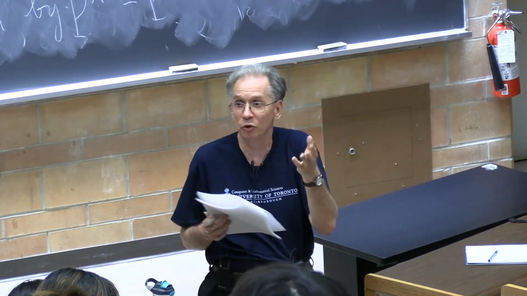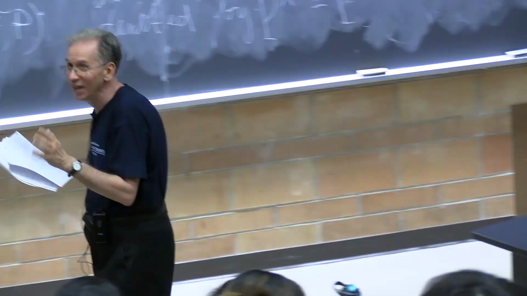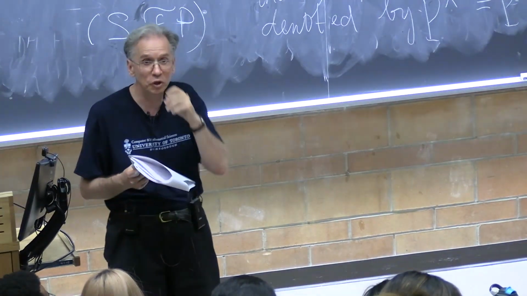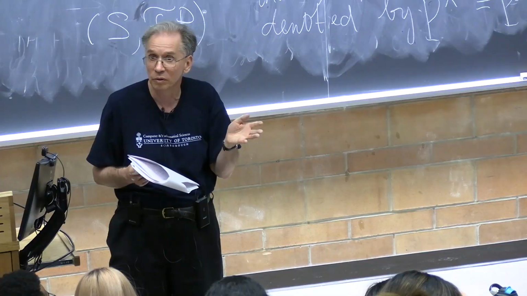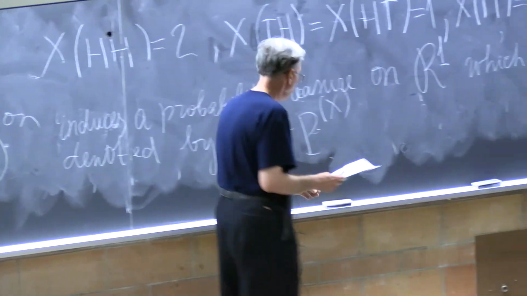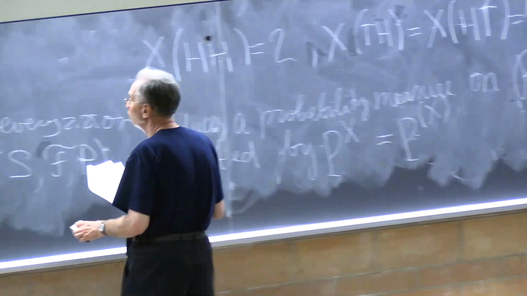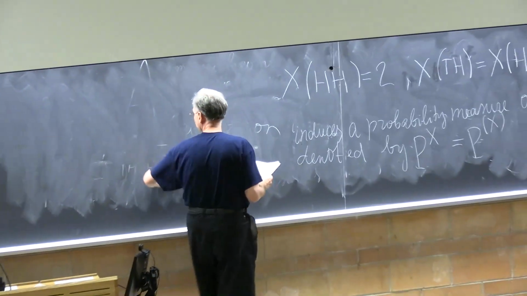And then we would get a different probability measure, and we would get a different induced probability measure on R1. Understood? Okay.